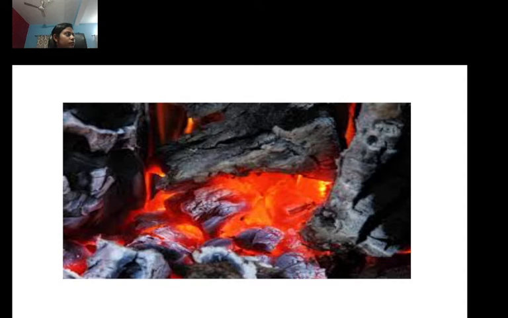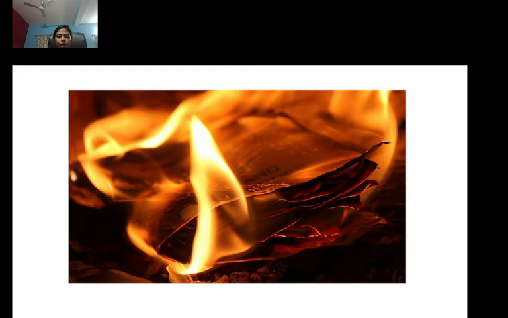Suppose I do one activity here. If I take a matchstick and burn the paper like this, then what are you observing, students? What are you observing in this image? Yes, the paper is burning.